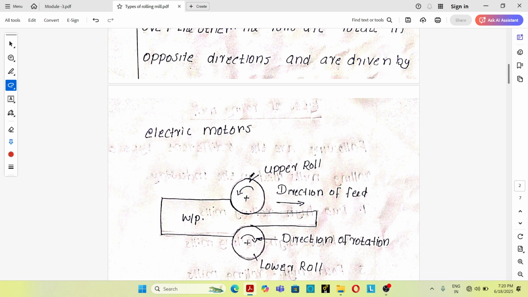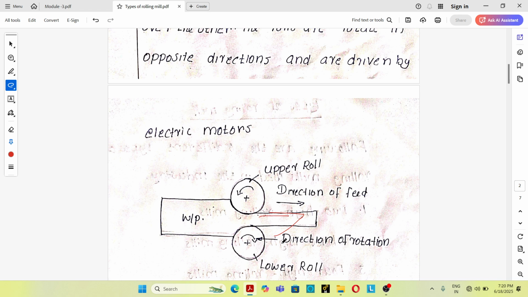The direction of motion of the rollers cannot be changed. So work always has to be fed into the rollers from one direction only. The operator cannot change the direction of rotation, so the workpiece will always be fed in one direction.